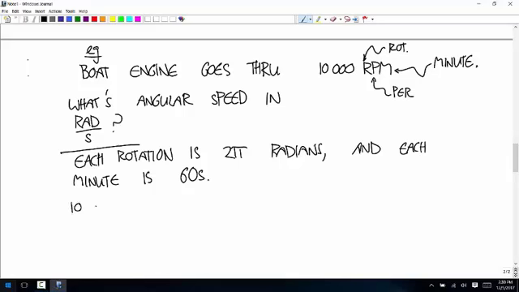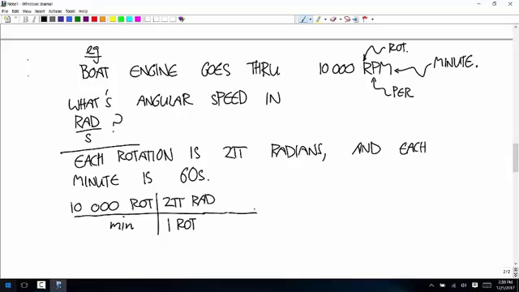So if we start with 10,000 rotations per minute, convert rotations to radians. One rotation is 2 pi radians. And 1 minute is 60 seconds. So you get 10,000 times 2 pi over 60.